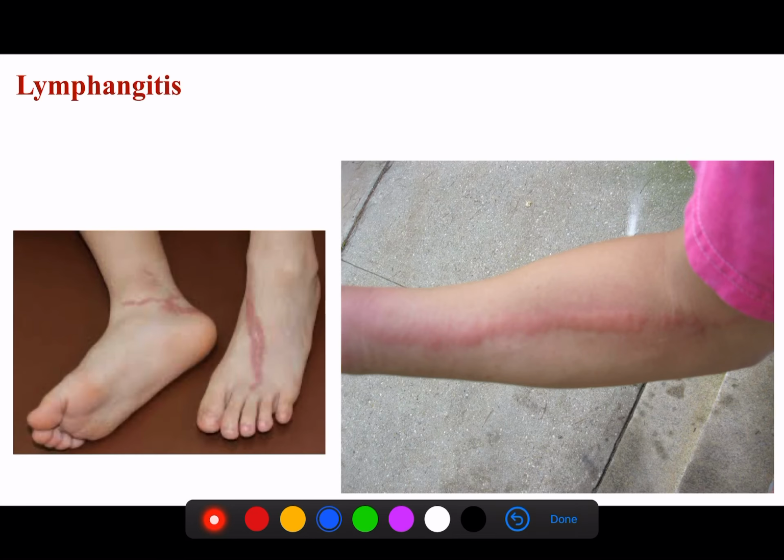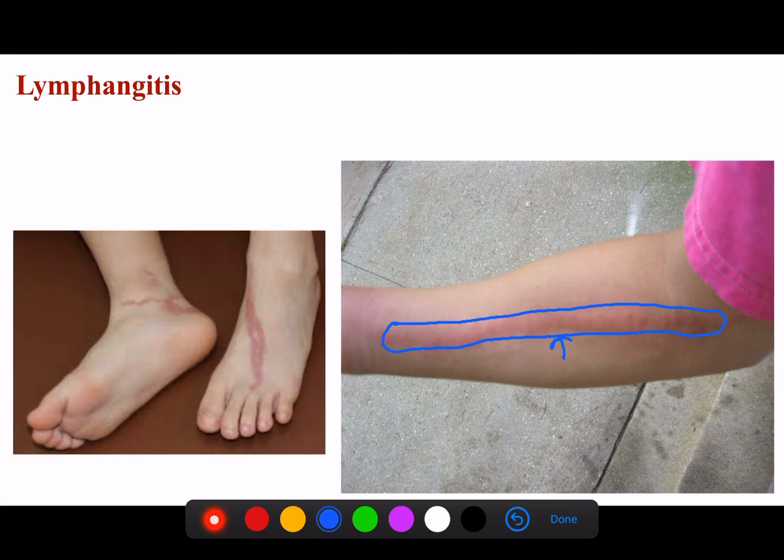Inflammation of the lymphatic vessel is called lymphangitis, as we see in this picture. The characteristic features of inflammation are localized or limited within a lymphatic vessel, with swelling and redness, also hot, I think.